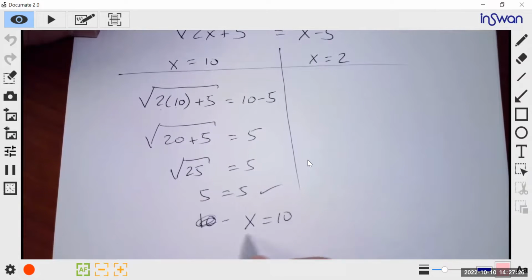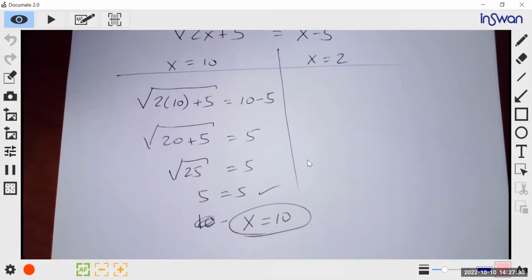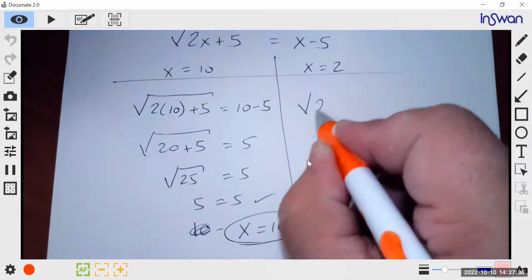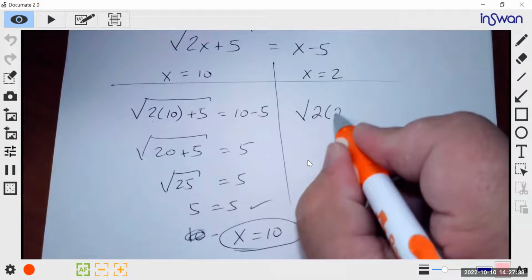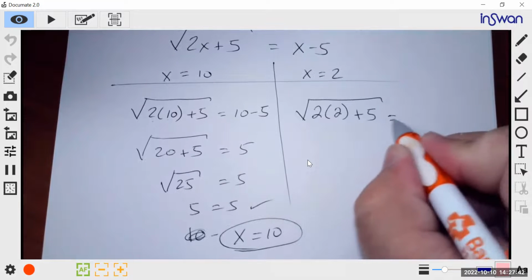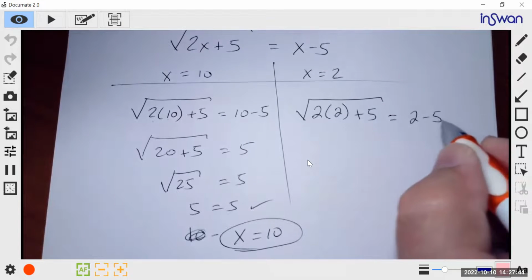x equals 10 is an answer. Check the other side. Two times 2 plus 5 equals 2 minus 5.